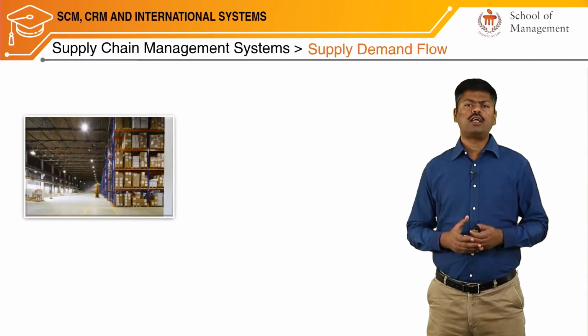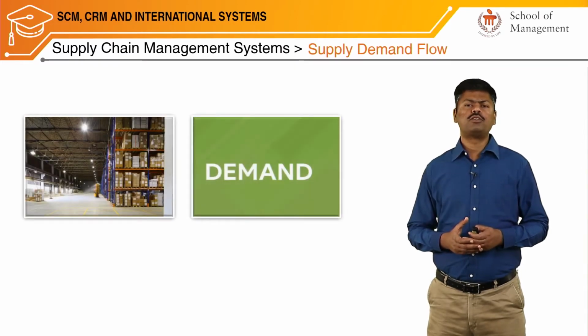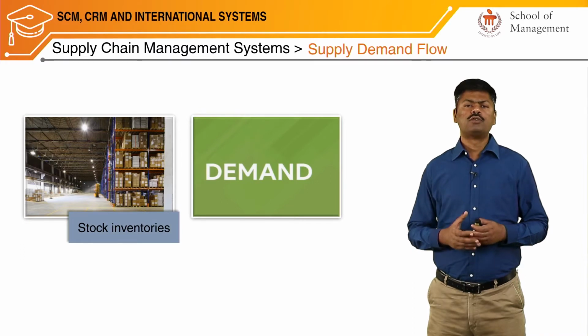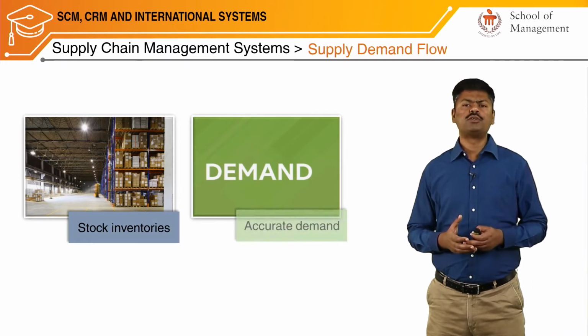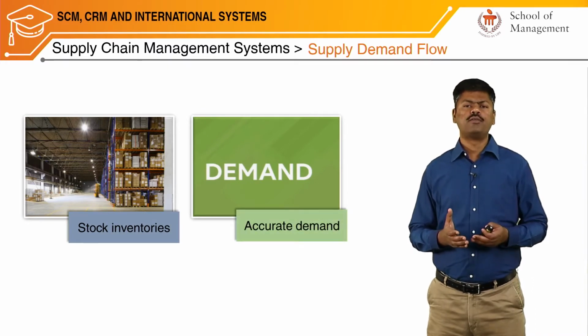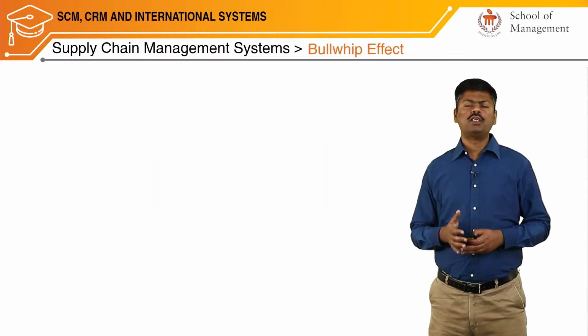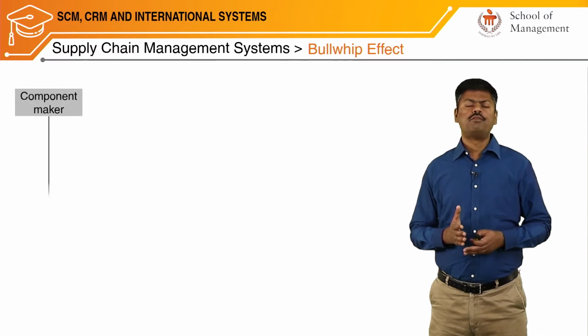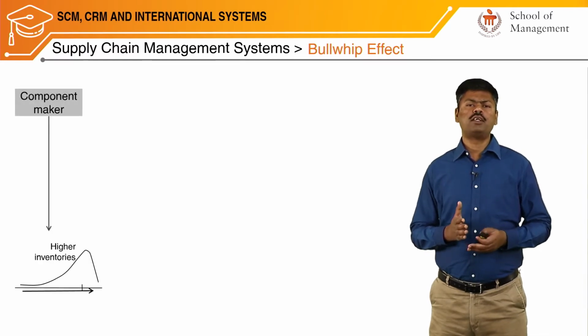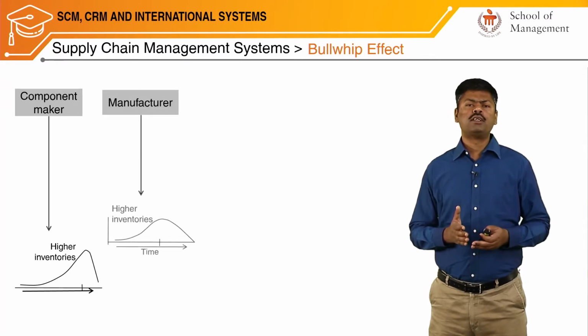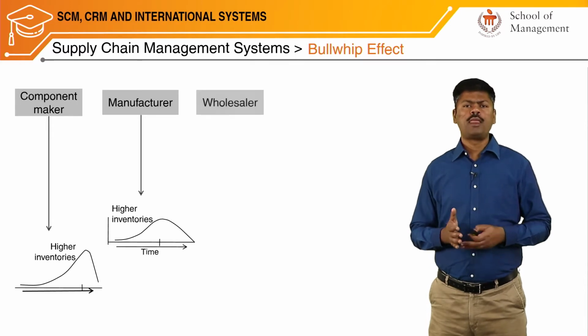Now, another aspect of supply chain is about maintaining a continuous demand flow. So you need to keep the inventories available so that you can meet the demand. So demand planning is a very critical business process. In this context, let us take a very small example. For example, a component maker is manufacturing the component which is sent to the manufacturer for the preparation of the finished goods.